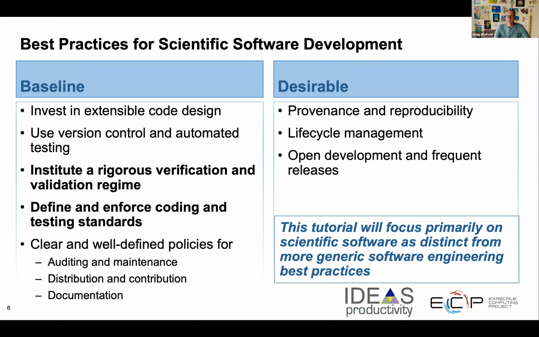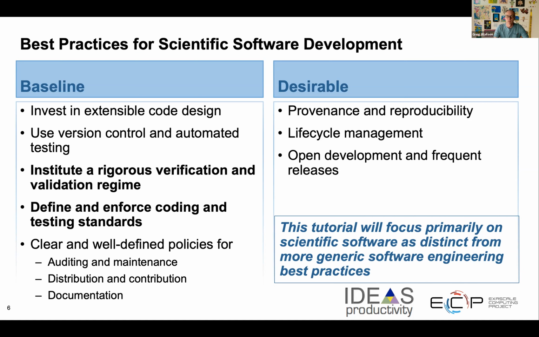Version control and automated testing are now pretty ubiquitous, and it's very easy to do this. And you get a lot of benefits from doing it. We'll talk more about automated testing and continuous integration later, and the benefits of that. Employing rigorous verification and validation is important, and can be done relatively easily now.